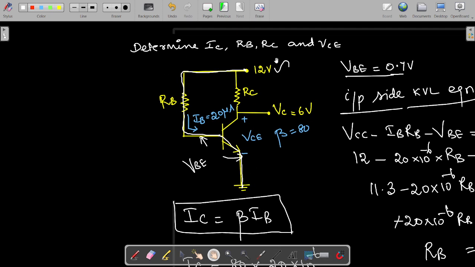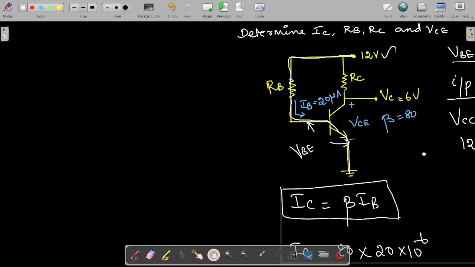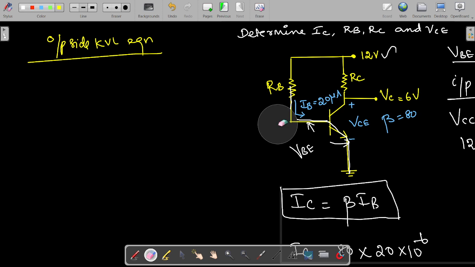So two more parameters we need to find out now, RC and VC. For that we can write the output side KVL equation. So what is that output side actually? The current will also flow through this path, plus 12 volts, then RC, through this collector emitter junction, and then finally it ends at the ground.